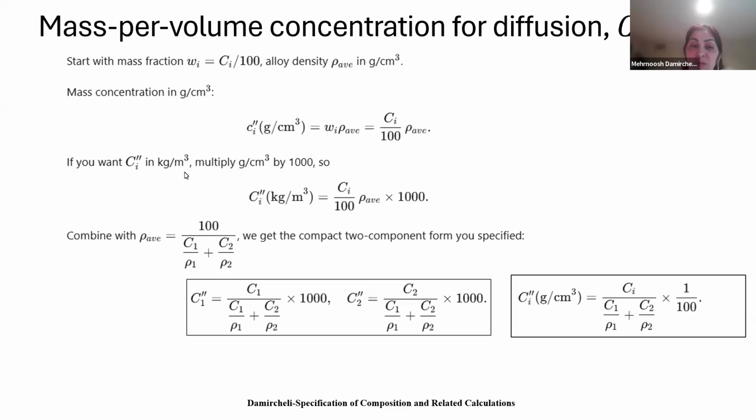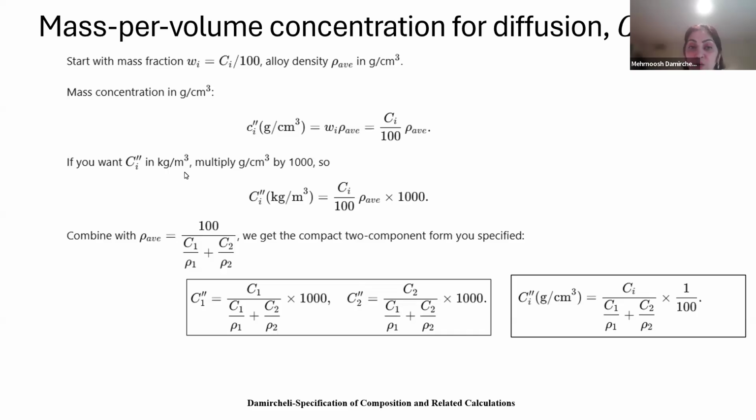So we use mass fractions, or omega i. The difference between omega i and Ci: Ci means omega i multiplied by 100. So to get omega i, we divide Ci by 100. And we know the average density, or rho average, in grams per centimeter cubed, for example.